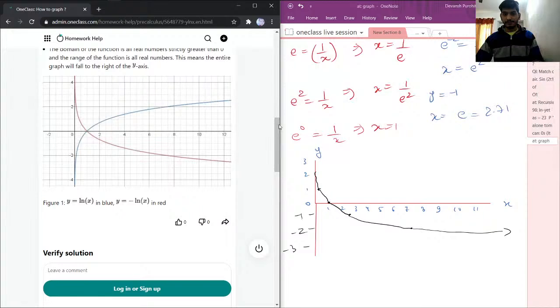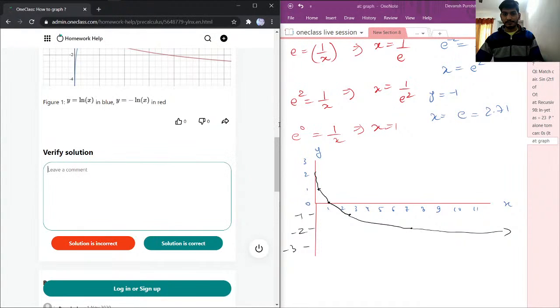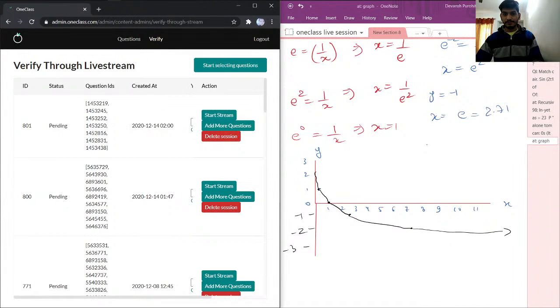So it is going to be the red line here. And that is pretty much all for this question. So again, correct solution. Solution is correct. Okay.